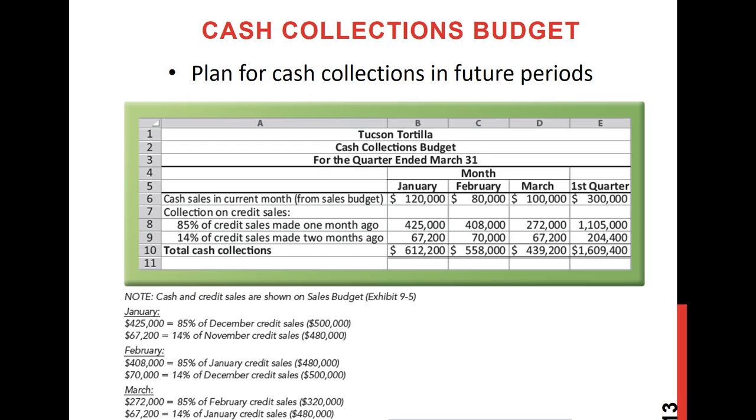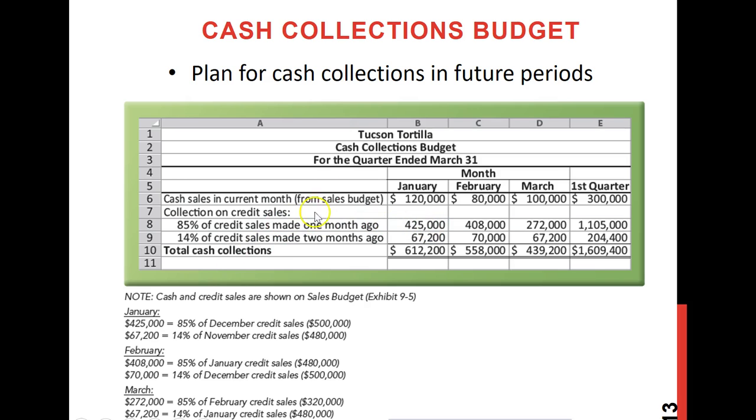Now we will focus on how much cash we are collecting. Of course, a major portion of your cash collection is from your cash sales, and a portion could be from your credit sales. As per the company policy, they are projecting that 85% of their credit sales will be collected in 1 month.